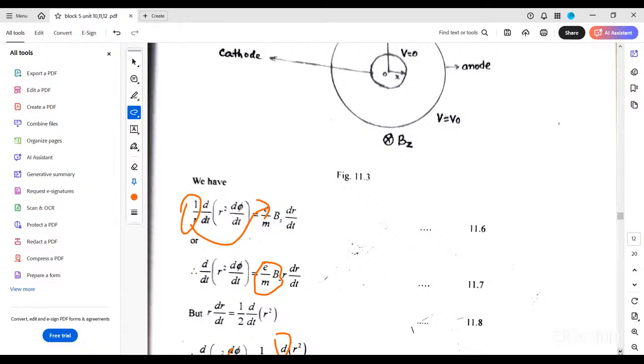In 11.3, we keep Er and B phi as 0. Then we get Bz dr by dt. After simplification and complete derivation, we get the critical field.